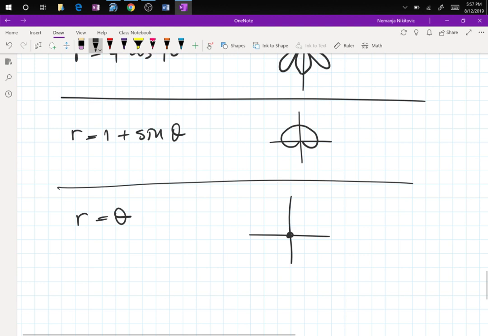And then as radius grows, angle grows, and it's just going to spiral out. So I'm going to kill the cardioid and say R equals theta, and there is your spiral. It spirals out. A lot of cool shapes.